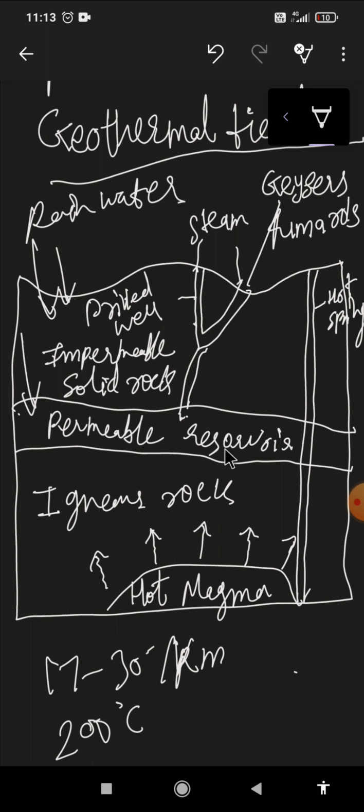You can see that this is the hydrothermal reservoir where the water is being stored. Hydrothermal resources are located at shallow to moderate depths, from 100 meters to 4.5 kilometers.